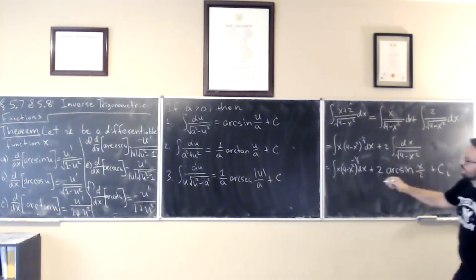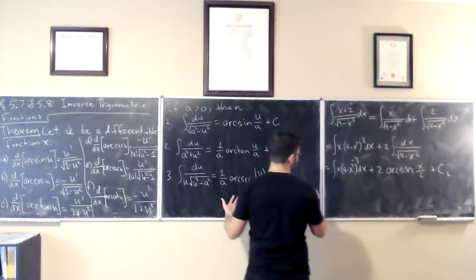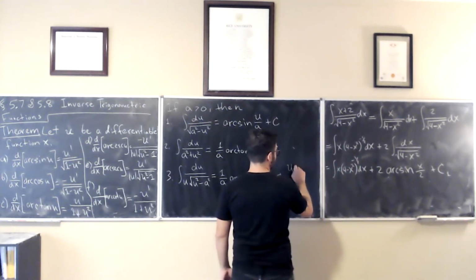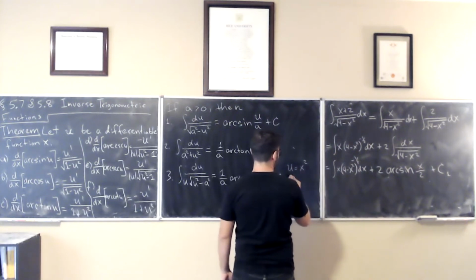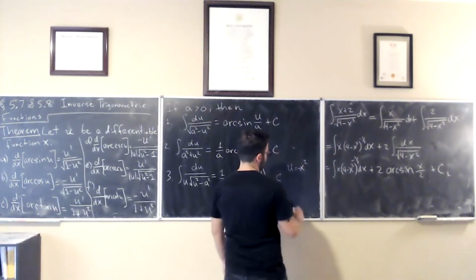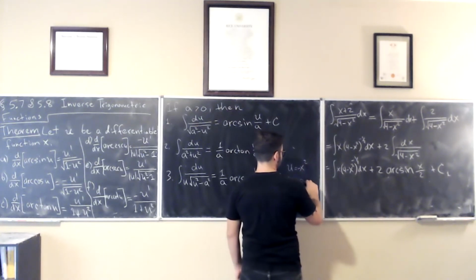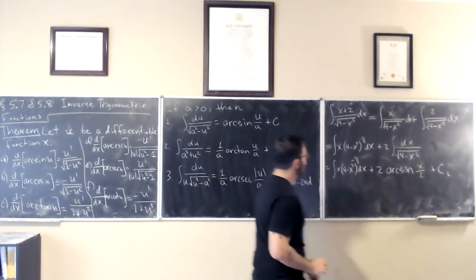And then here, running out of room. If u is equal to x squared, or negative x squared maybe, then du is equal to negative 2x dx.